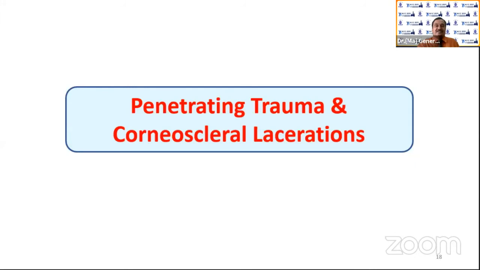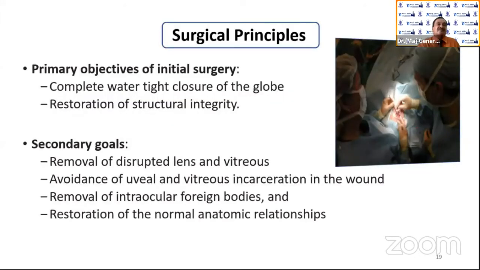Then the gulli danda, as mentioned by Professor Jaya, are common objects we see. The initial intervention is to see that the integrity of the globe is maintained, and secondarily, if there is a cataract or vitreous disturbance, a proper meticulous surgical protocol has to be adopted.